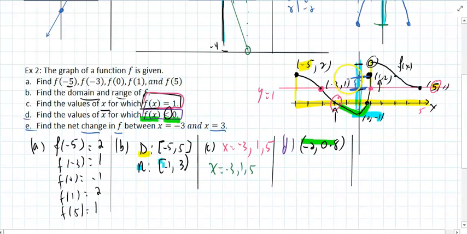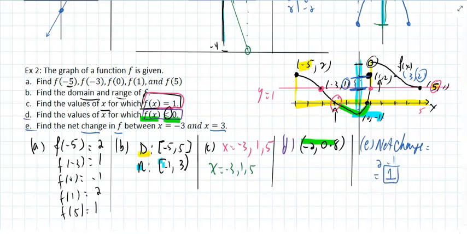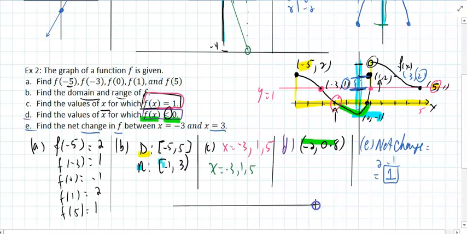Well, if this y equals 1 and this y equals 2, the net change would be 2 minus 1, which is 1 unit. And that's all there is for this section. A very short section, but important.